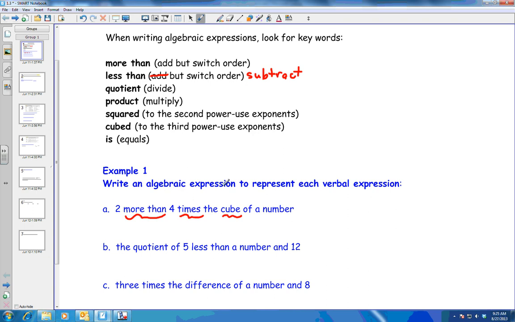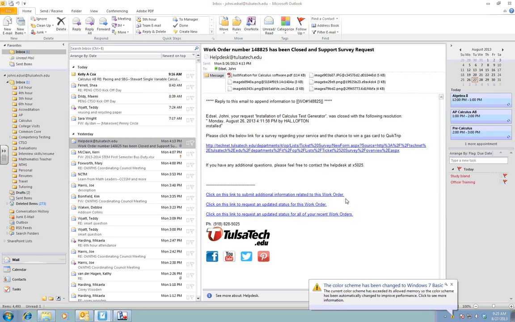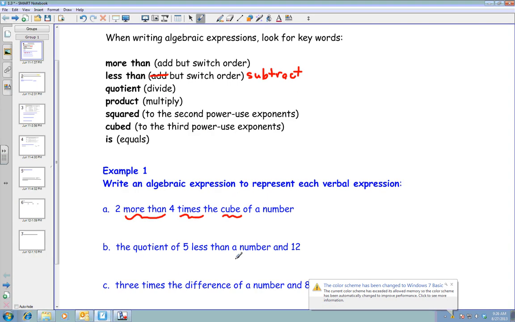Okay, so let's do this first. 4 times the cube of a number. If I don't know what a number is, I'm just going to write an x to take its place. So 4 times the cube of a number, here's my number, I'm going to cube it, and then I have to write 4 times that.